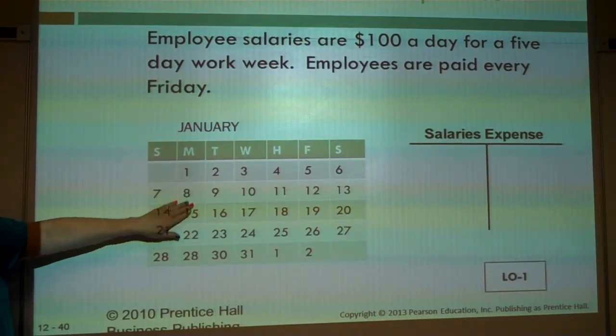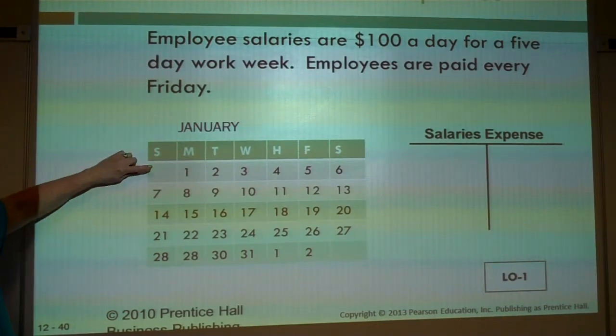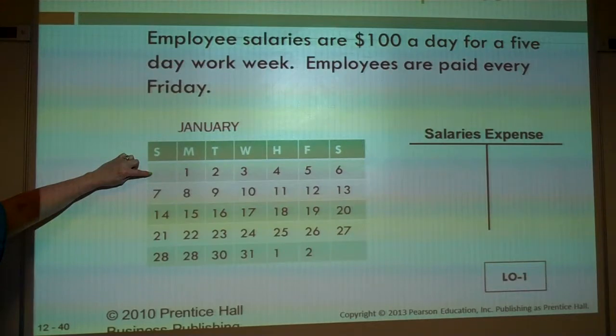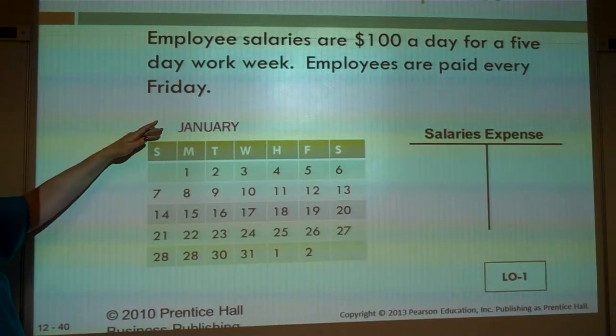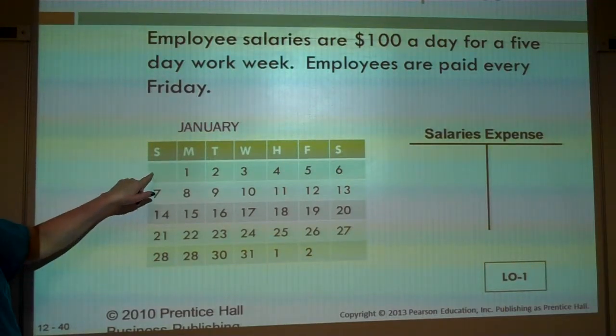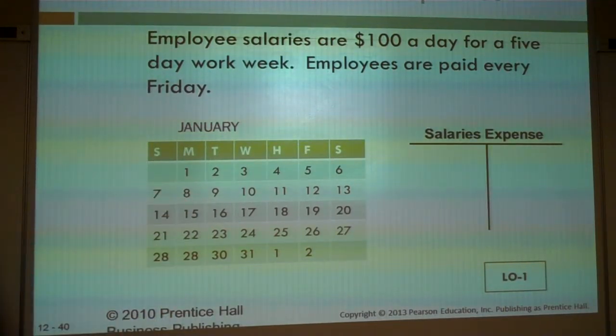If this is January and December ended right here, would we have to do an adjusting entry for December? Well, depends on your payroll cycle. Well, let's say we get paid every Friday. We wouldn't have, would we? Because the month and the year itself ended before we had that next pay period begin.